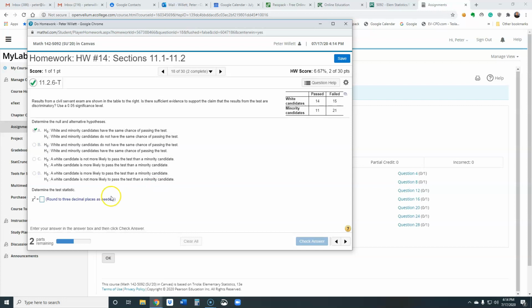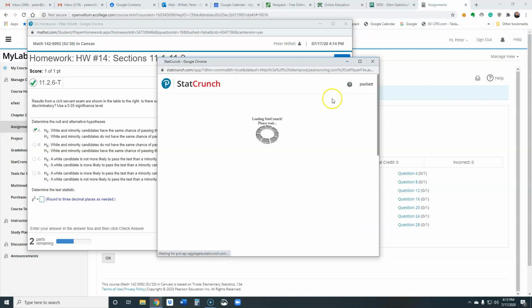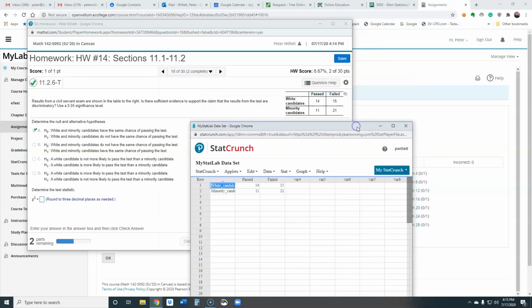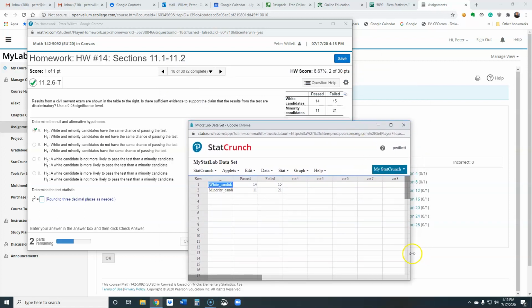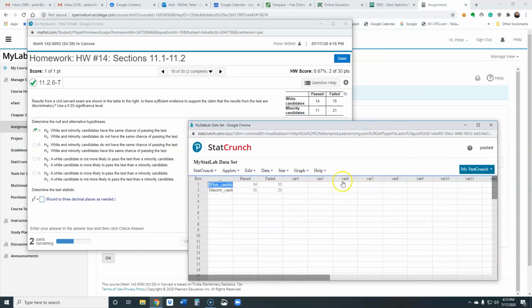Okay. So now the problem wants us to come up with a test statistic, and notice it has the chi-squared label there. So this is a chi-squared distribution on a contingency table, checking to see whether the variables are dependent or independent. So I'm going to click on the box to the right of the table so we can open it in StatCrunch. Now we have our small contingency table opened up in StatCrunch.